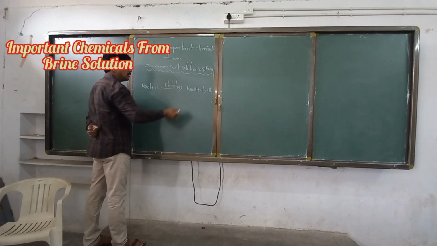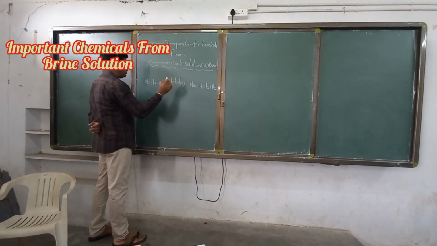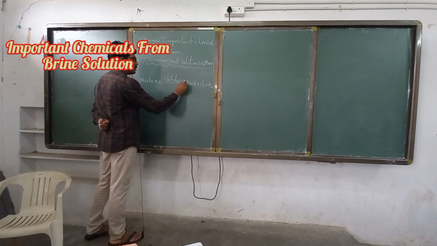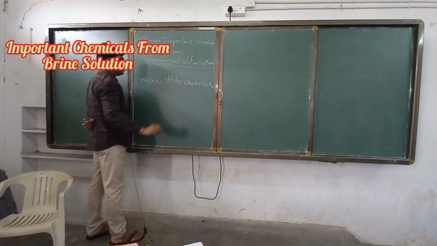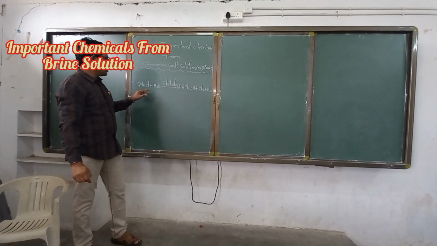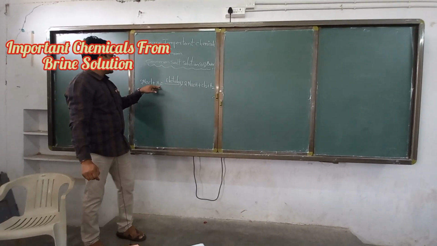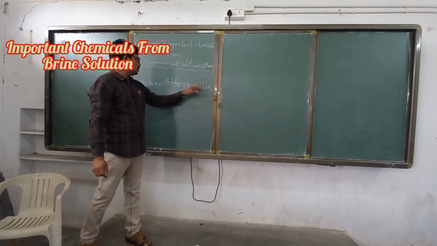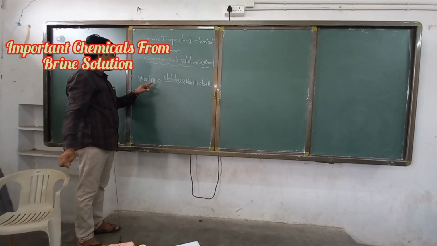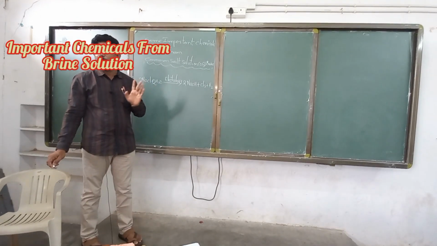Is it a balanced equation? I am multiplying with 2. Look carefully: 2 sodiums, 2 chlorines. Hydrogens: 2 plus 2, 4 hydrogens, but here you multiply again with 2, so 4 hydrogens and 2 oxygens. Now it is the balanced equation.